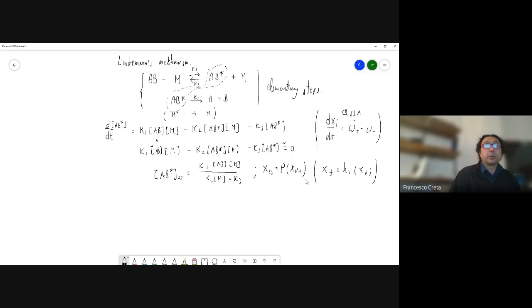That's what we called P of X of NSS, okay? So now, look at the second step here, okay?